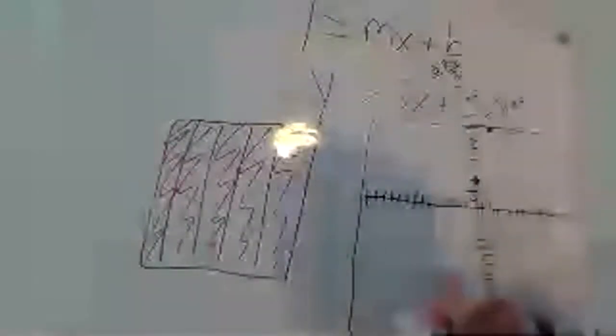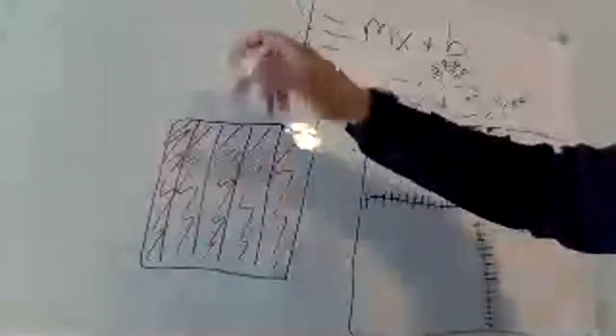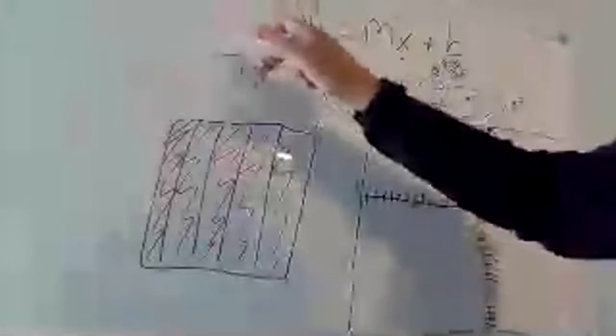So when I shade them in, it represents the fact that when I have these 5 pieces together, I have 1 whole. I have 1 whole that is made of 5 pieces. That's a way you could think of a fraction.